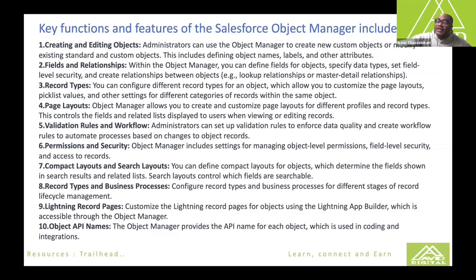But what I'm simply saying is, you can use validation rules to impose data quality within the Salesforce platform. How does it help when somebody writes the end date for a project as a day in the past?